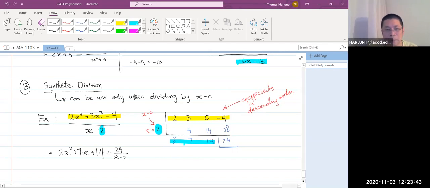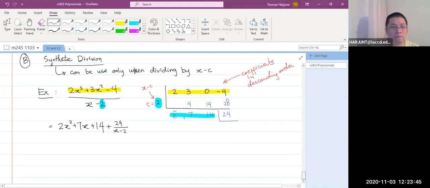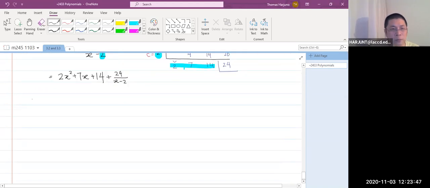Let's do more. Example 2. Suppose I want to divide 3x to the 4th minus 10x squared minus 2x plus 4 all over x plus 3.